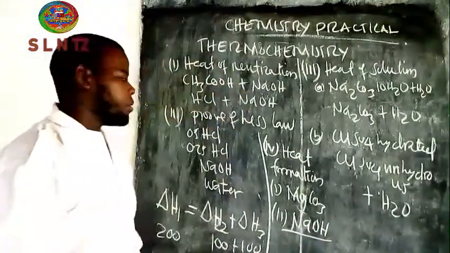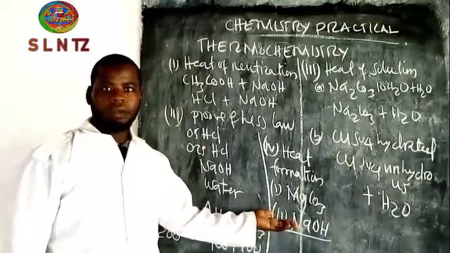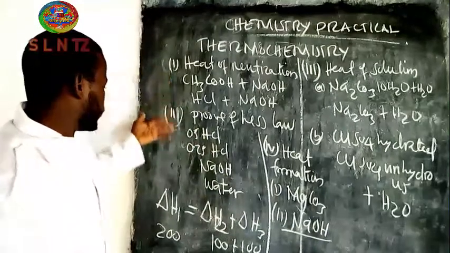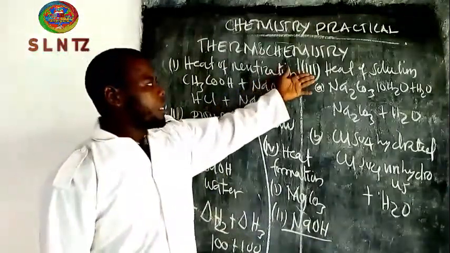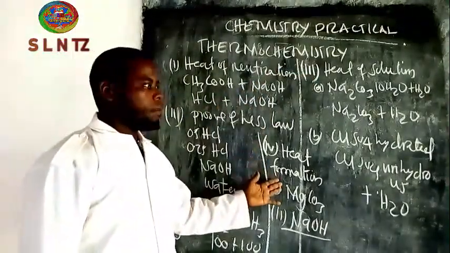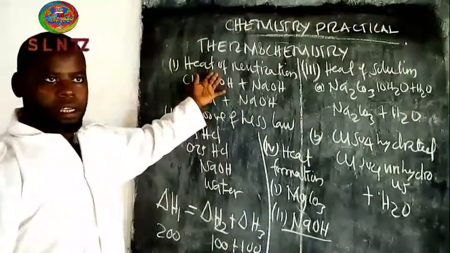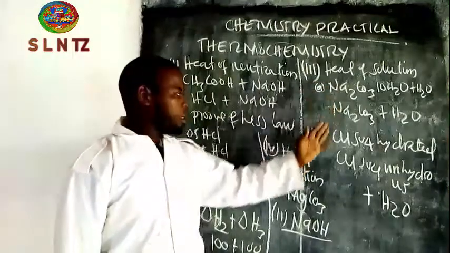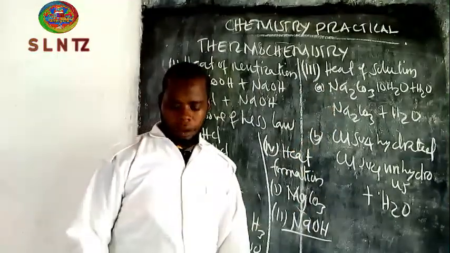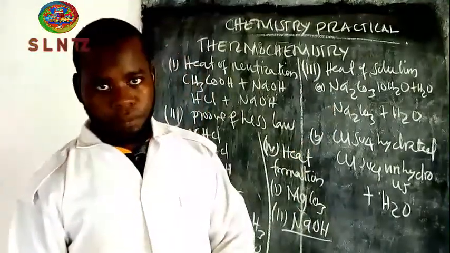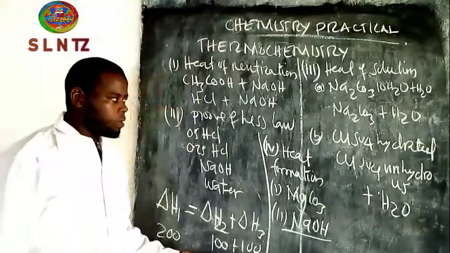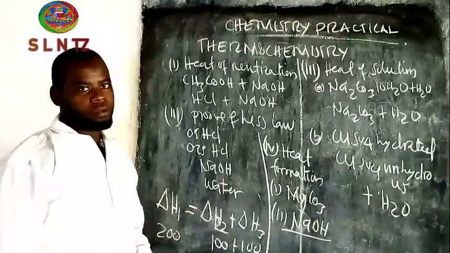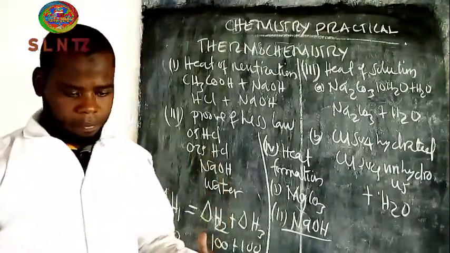Those are questions that can be asked, you never know. So we have 1, 2, 3, and 4: heat of neutralization to prove Hess's law, heat of solution, and heat of formation in our thermochemistry. I think you have understood it this time.